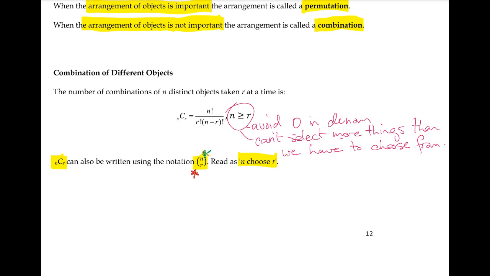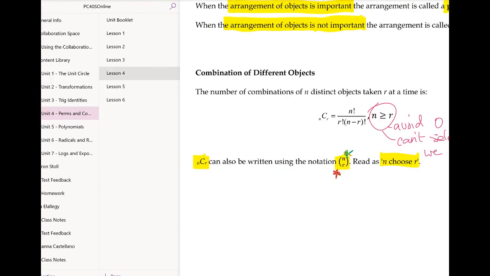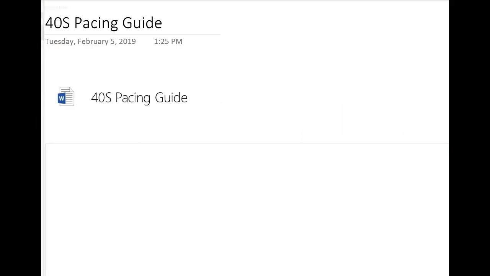I don't believe that's even listed on our formula sheet. If I go back to the formula sheet, yeah, when I look in here, we don't see that notation. So you could also see it as n r equals that.